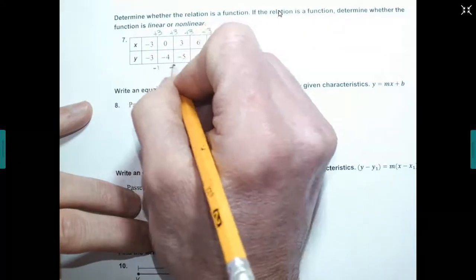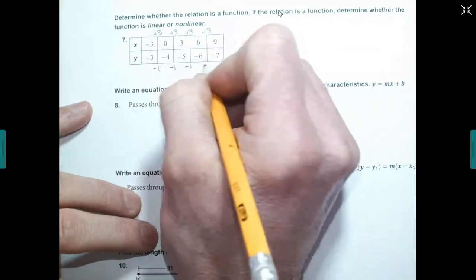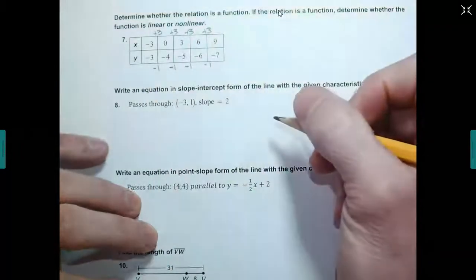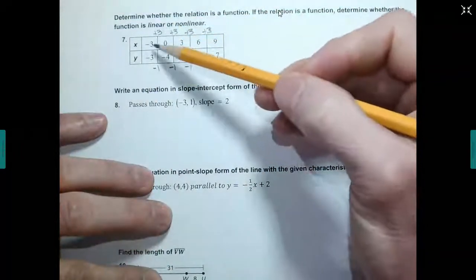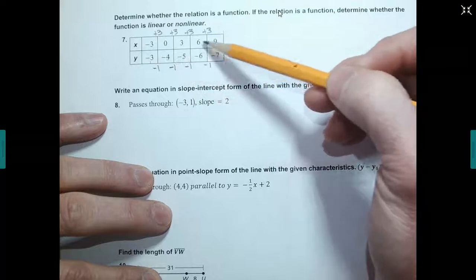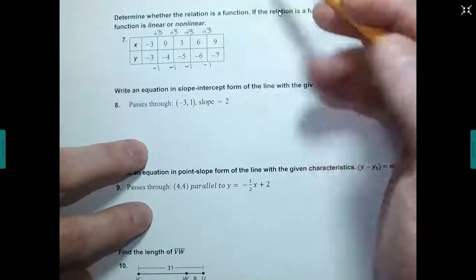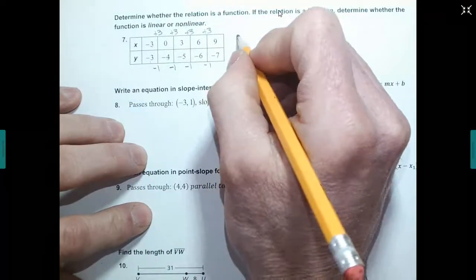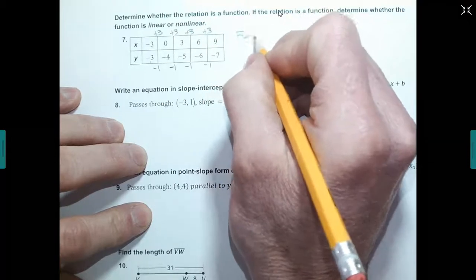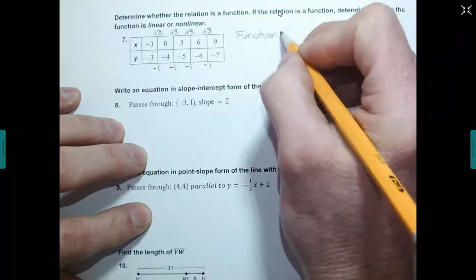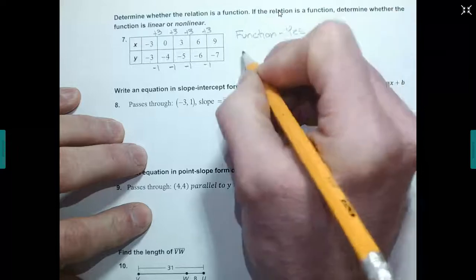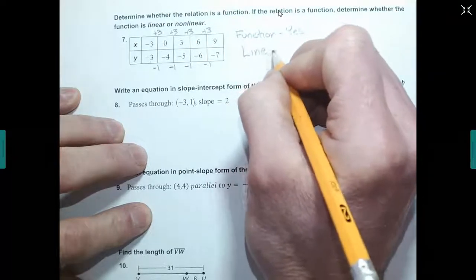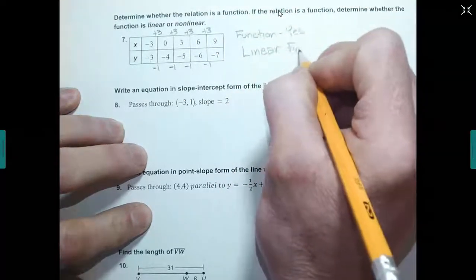Minus 1, minus 1, minus 1, minus 1. So we have a consistent change here. Also check to make sure there's only one y value for each x value. So yes, it's a function, and it is a linear function.